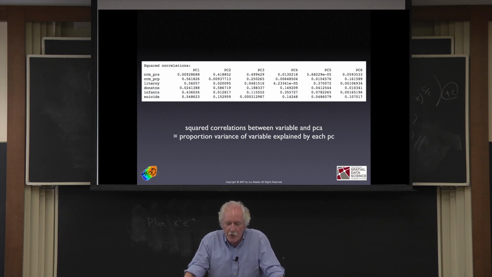But the second component and the third component load very heavily. So between the second and the third component, we have close to 90% of the variability in crime against persons. Crime against property is 56% by the first component. So this is how you interpret these components.